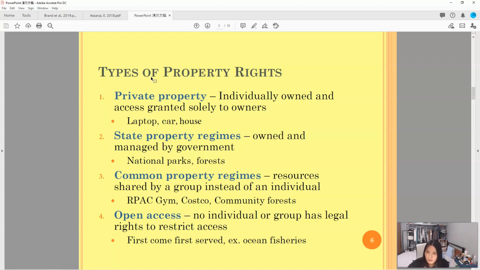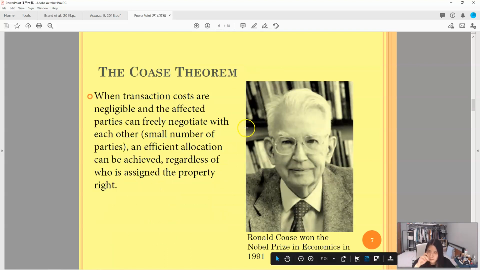The last one is open access, which means no individual or group has legal rights to restrict the access. For example, the ocean fishery, where I cannot exclude you from enjoying the ocean fishery, right? So those are 4 types of property rights.